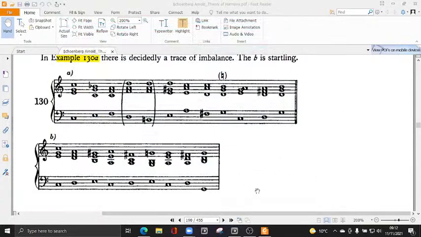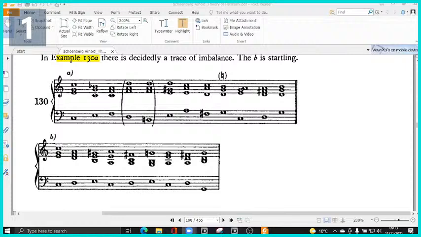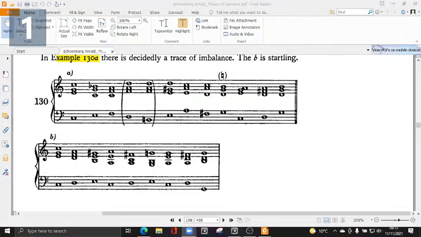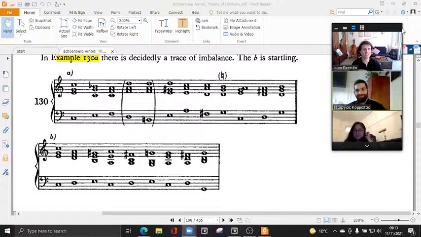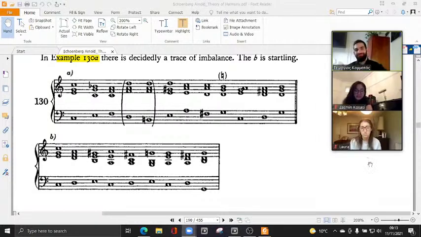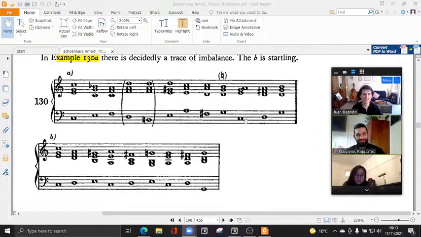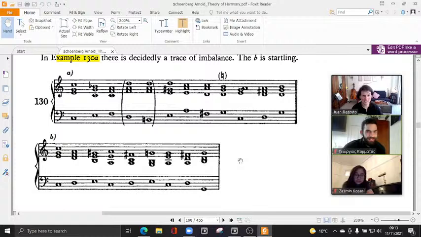Fantastic. Who is going to be the brave one? To sight read. It's not that bad. It can get worse.